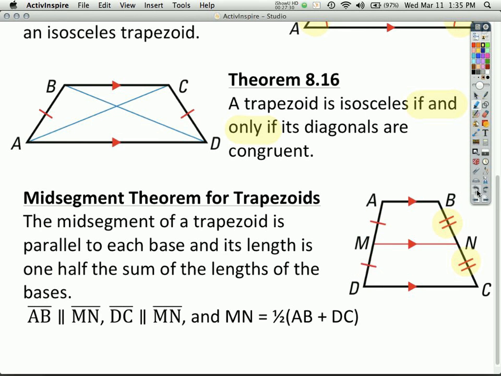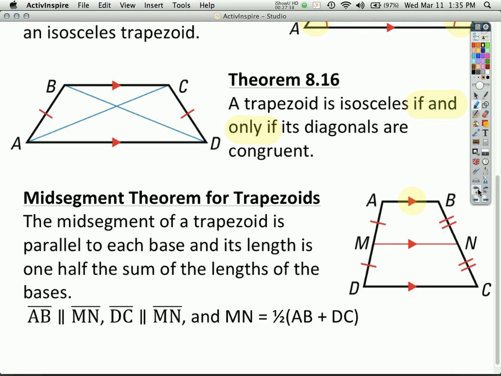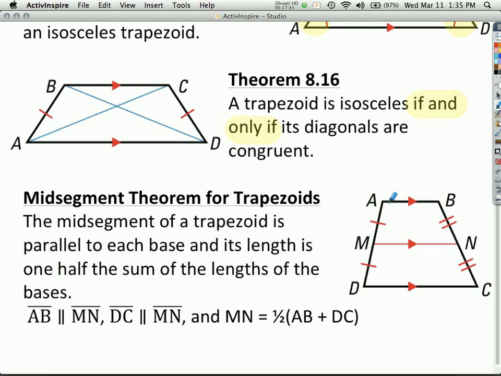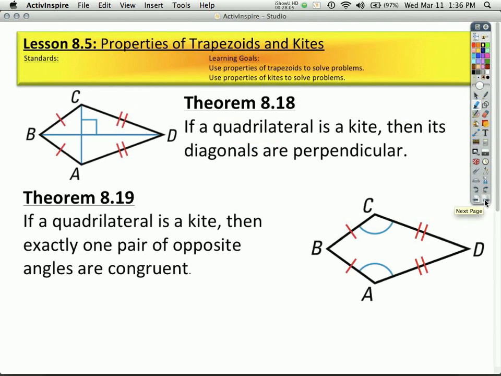And the mid-segment will be parallel to both bases. And the length of the mid-segment will be half the sum of the bases. And that's what I've expressed right here. In a triangle, the mid-segment is just half the base, but a triangle only has one base. Trapezoid has two. Any questions about that? Okay, I'm going quickly on purpose, so just stick with me.